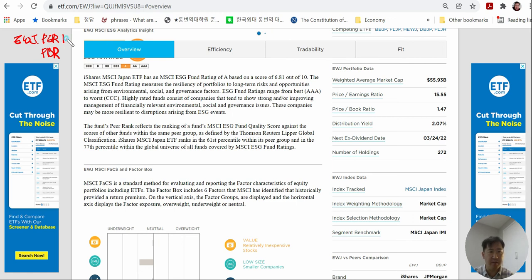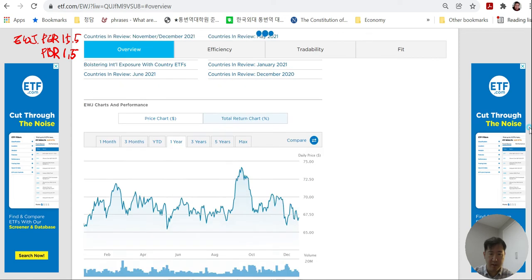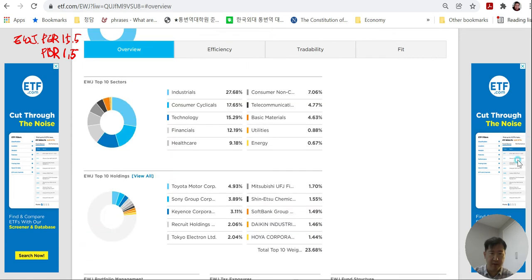This one was about 15.5. PBR is about 1.5. Okay, we're done. And then we can also check the constituents, right? What companies they have.